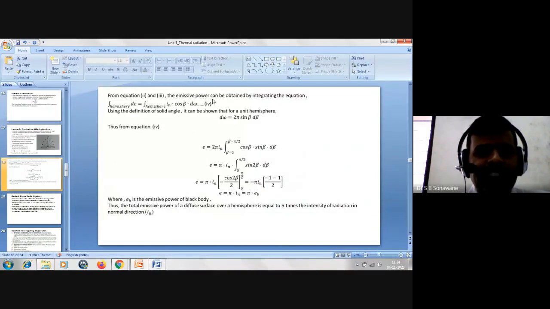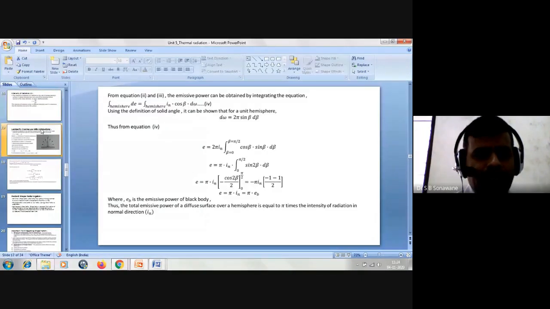But since I have to determine the emissive power, and this is a differentiation of the emissive power, and I want E from this, it is necessary to integrate this over the hemisphere. So integration of dE is equal to integration of In cos beta d omega, where I have substituted I with In cos beta.